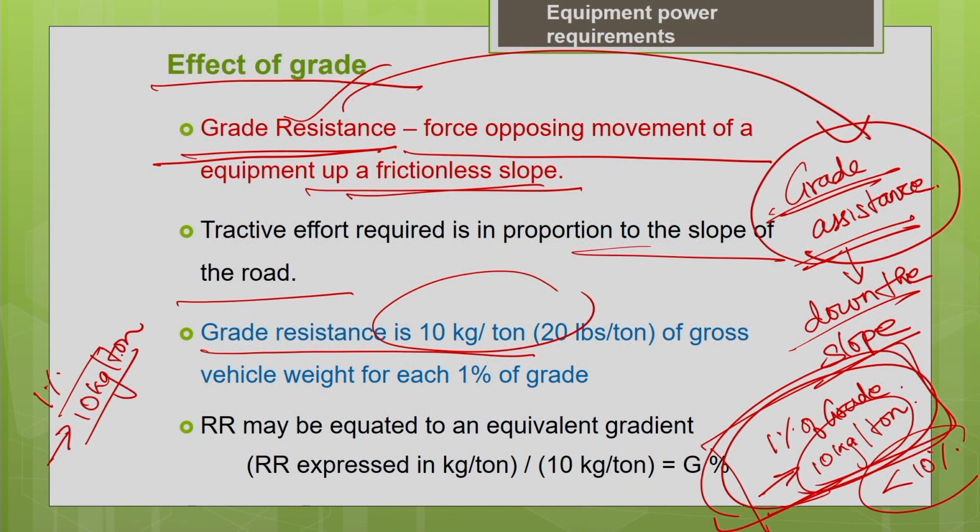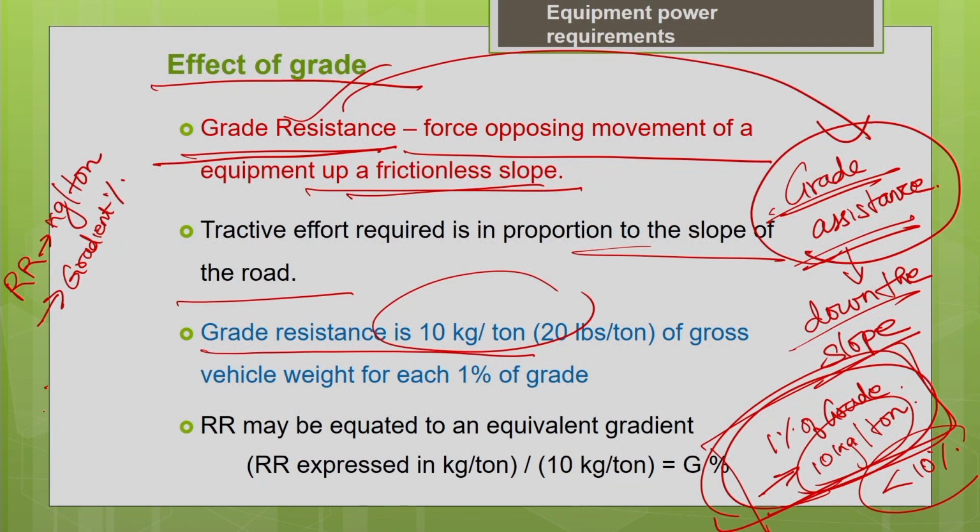Now you can convert your rolling resistance also into an equivalent gradient. The rolling resistance which you have expressed in kg per ton, you can convert into gradient percentage. How to convert it? You know the rolling resistance in kg per ton, and you know that 1% of grade equals 10 kg per ton.